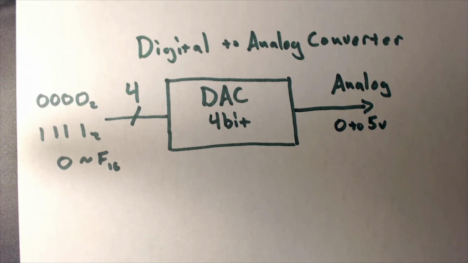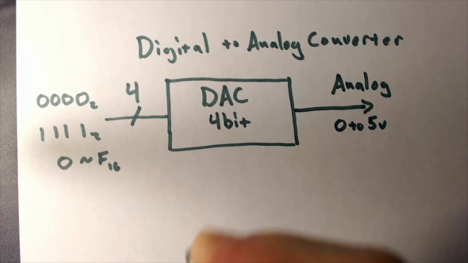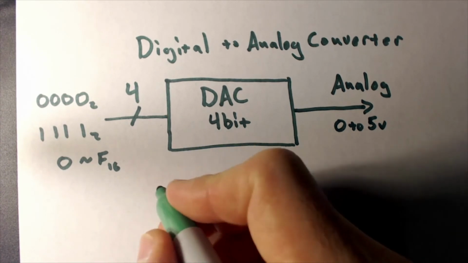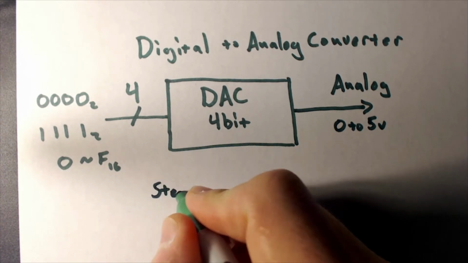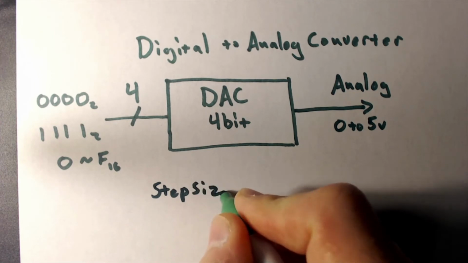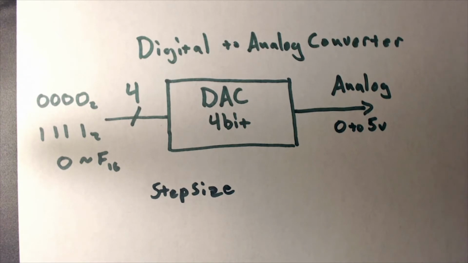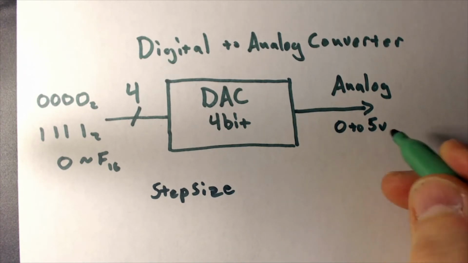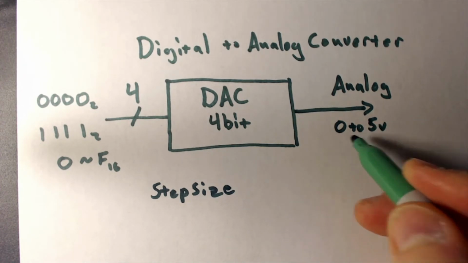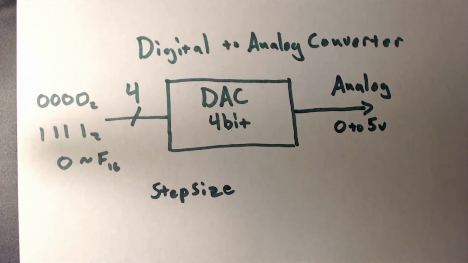Okay? And let's go ahead and define the step size for this DAC. The same rules that we used for our analog to digital converter can be used for a digital to analog converter. It's the same exact thing, at least as far as the math goes. So let's define our step size. Well, our range is 5 volts. So from 0 to 5 volts, we have a total difference in voltage of 5 volts.